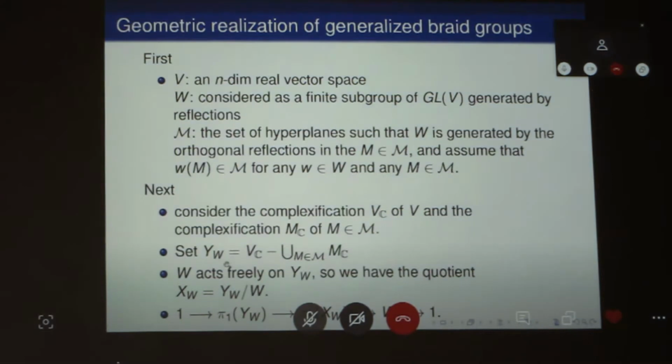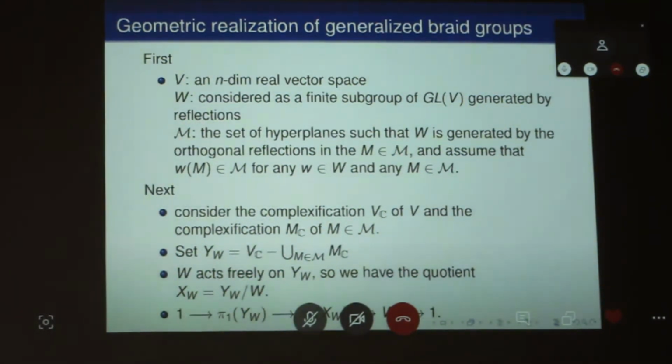Here, we take the complement of the arrangement. It is very easy to see that this group acts freely on this space. So we have the quotient space. Here, the fibration, so we can get this exact sequence.